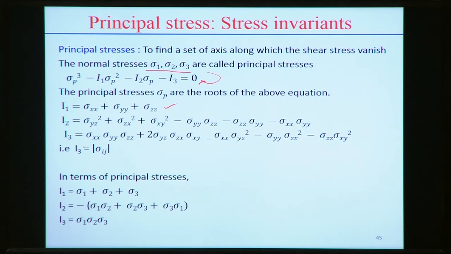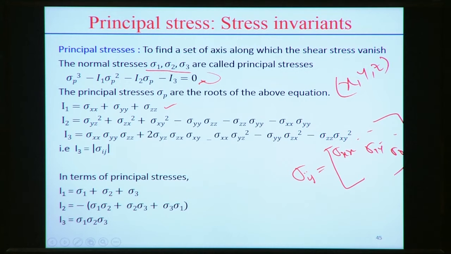But remember that I3 is represented as the determinant of sigma ij. Here sigma ij is defined along the x, y, z coordinate system, so that is sigma x, sigma y and sigma z, and accordingly we put in the other components.